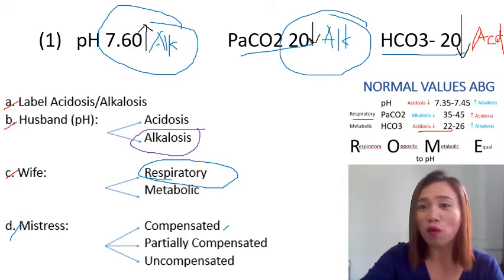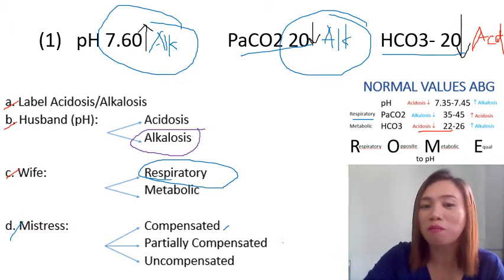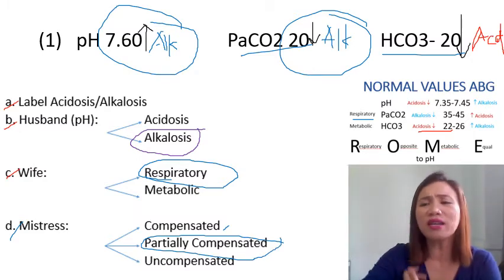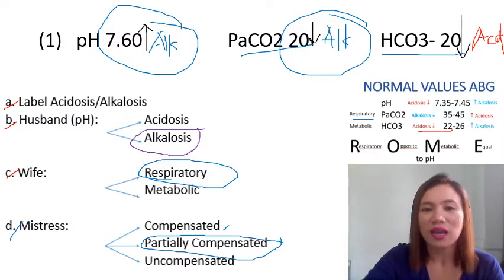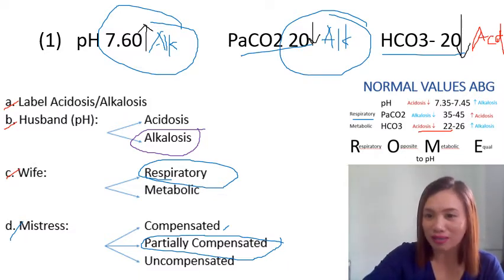Yes, your mistress is doing something, but it isn't very effective as of the moment. So it's partially compensated. When you say it's uncompensated, the mistress is within normal range, meaning it's not doing anything. I don't care if the husband is abnormal. That's how you say it's uncompensated. But with this example, it's definitely partially compensated. So this result is respiratory alkalosis partially compensated.